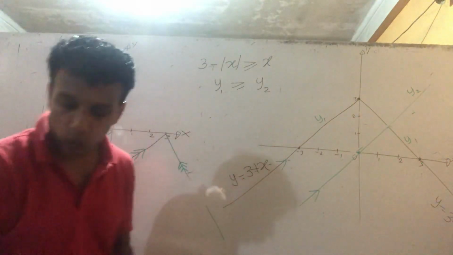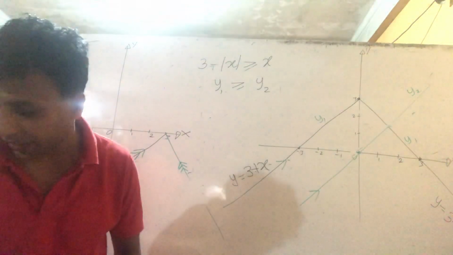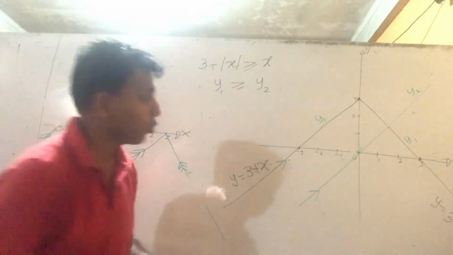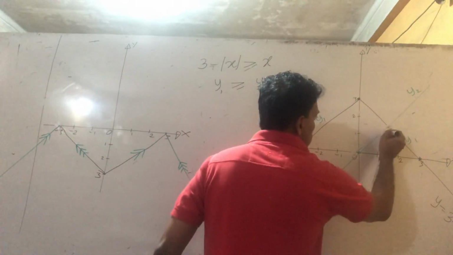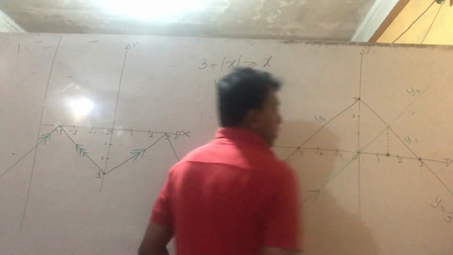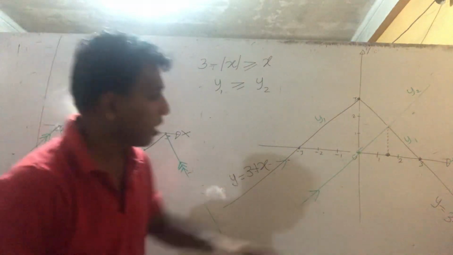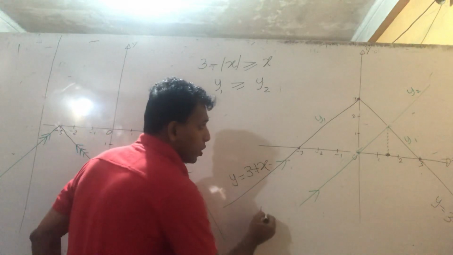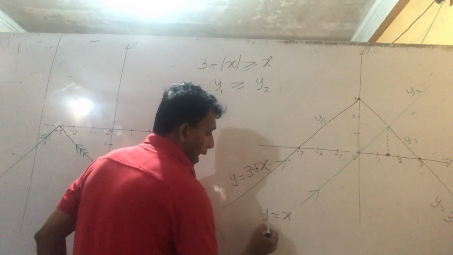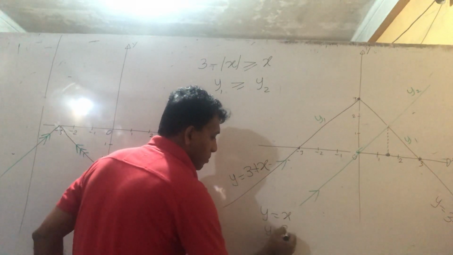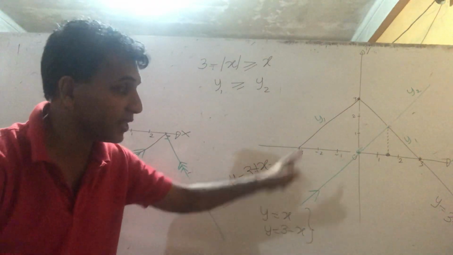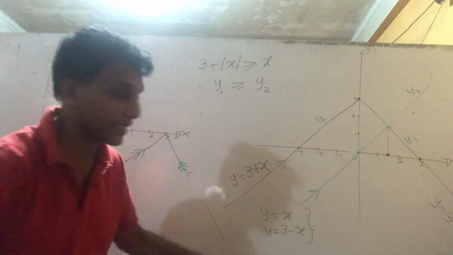After drawing, you see the intersection coordinate where both cut. Intersection coordinates are important. Find this coordinate. That means solve these two graphs, y equals x and y equals 3 minus x. Solve these two equations and find the x coordinate where both cut.